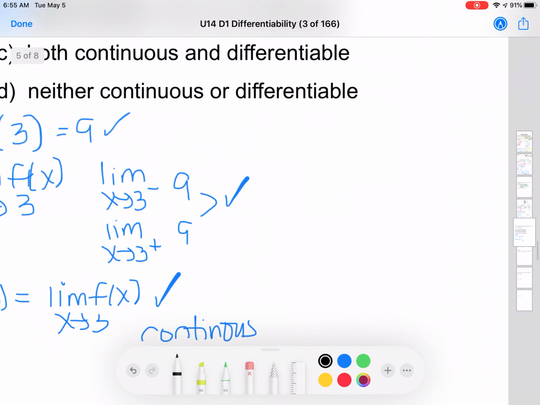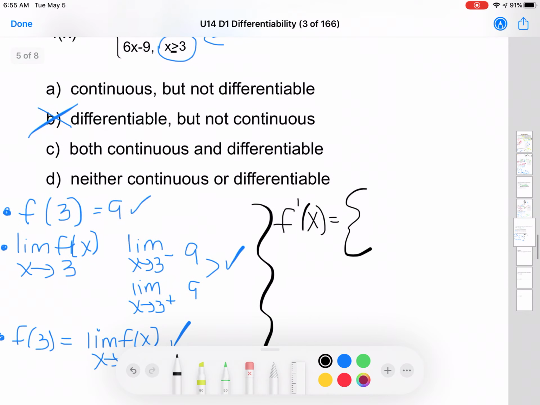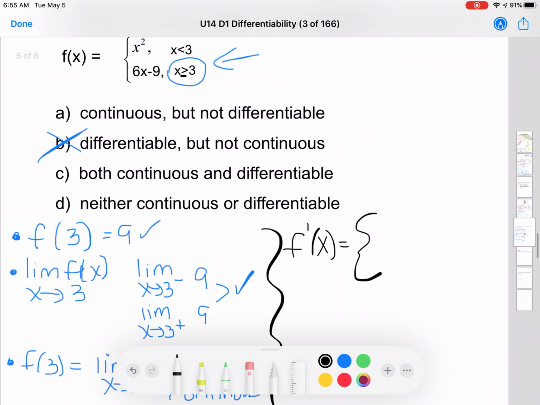Now we'll go ahead and find the derivative and apply the continuity test on the derivative. Okay, so the derivative of x squared is 2x. The derivative of 6x minus 9 is 6.